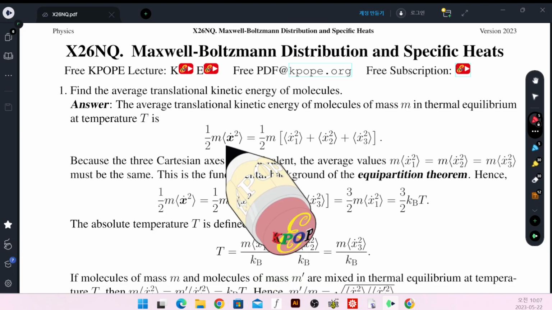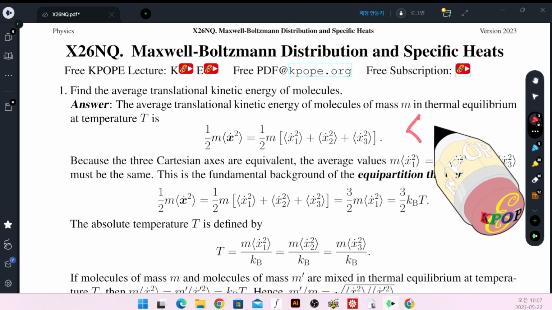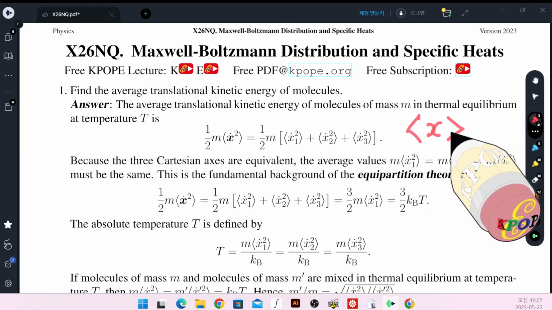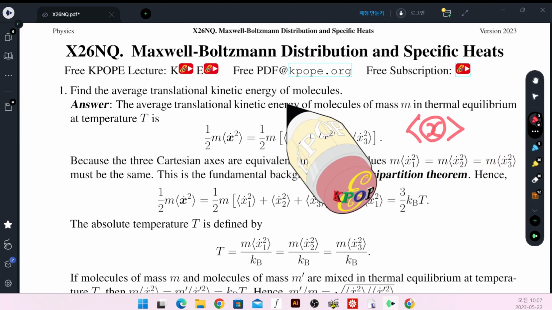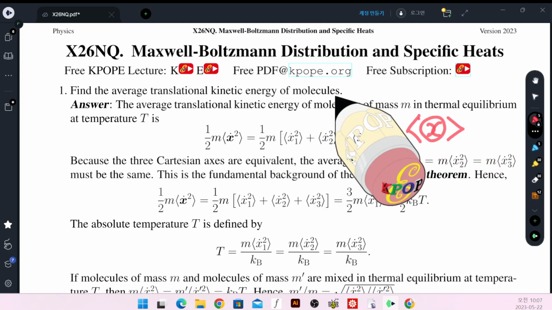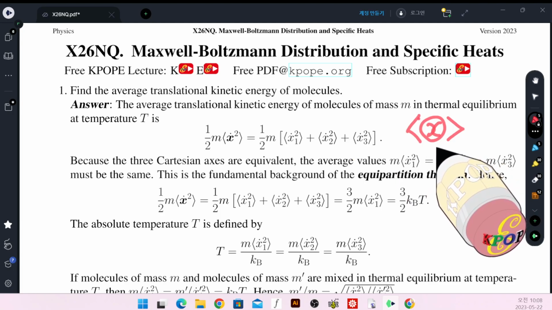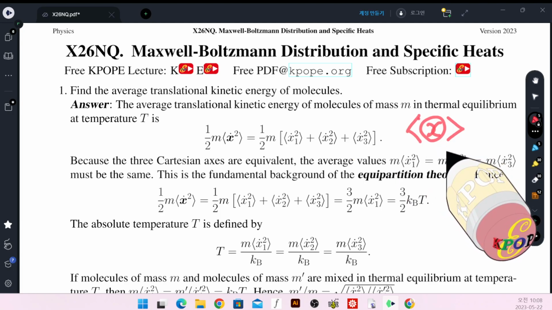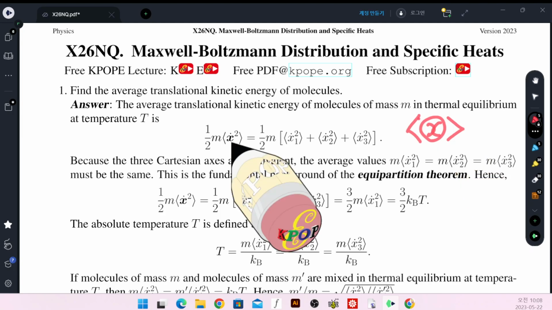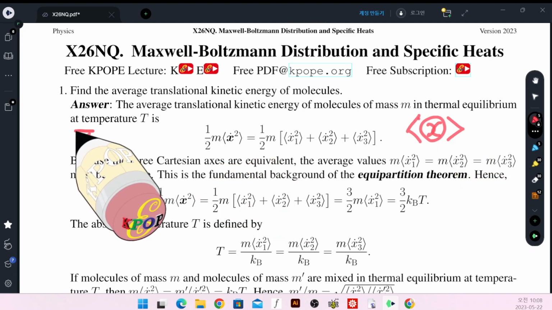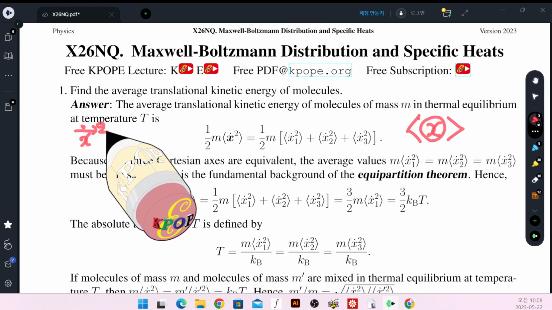We have a notation: anything regarding identical molecules, we take the average over n molecules of something, and this value is the velocity vector squared, the squared velocity.